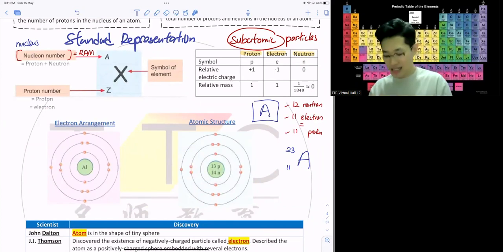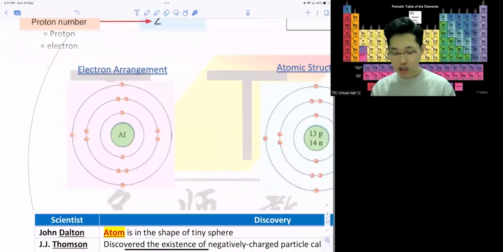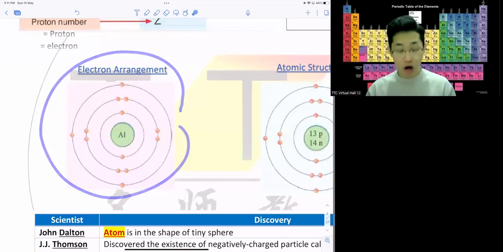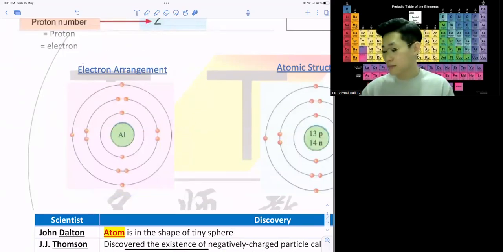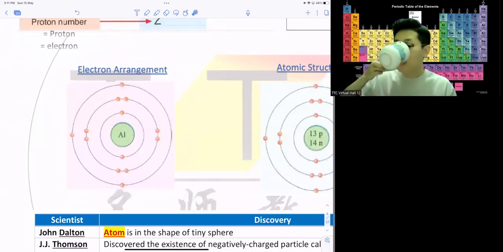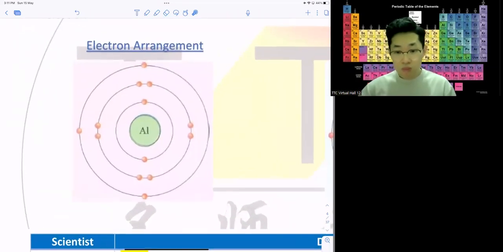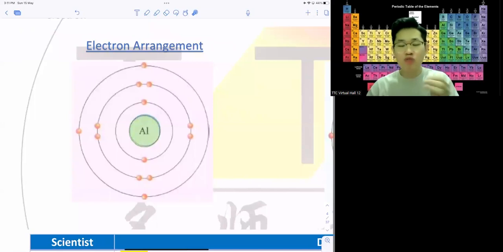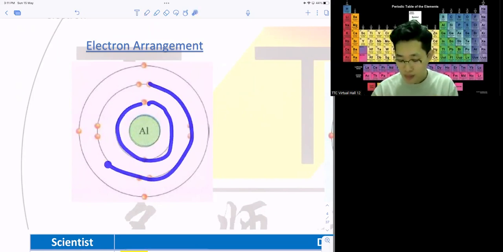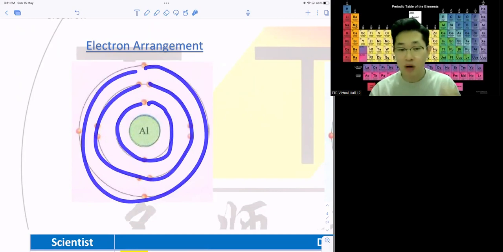Okay, then one more thing, electron arrangement. You all know how to do electron arrangement or not? Yes, okay. That means with the given amount of electron, you have to put them into the shells with very simple rules.